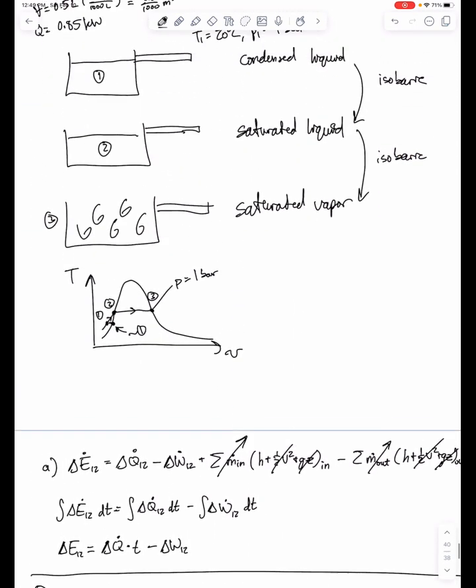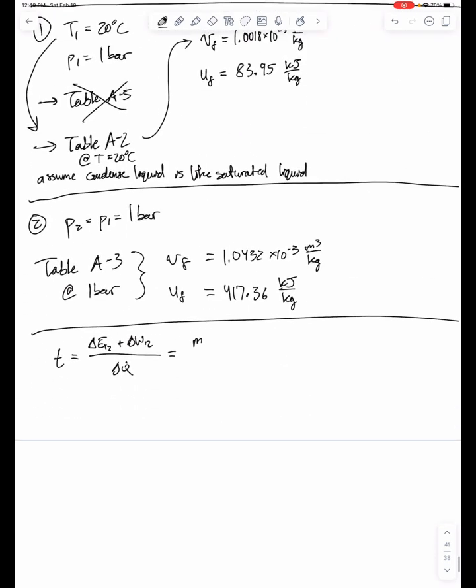We're given volume, right? Mass times change in internal energy. We know it's constant pressure, and then in this whole integral equation we just take out the P because P is constant. Pressure times change in specific volume, and then we have our mass term as well.